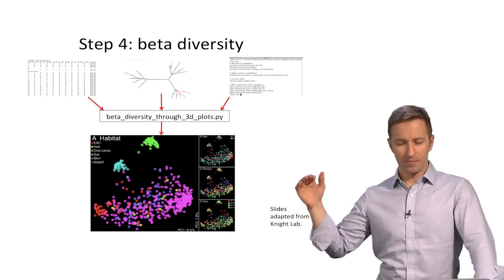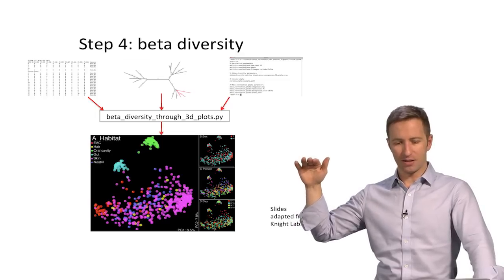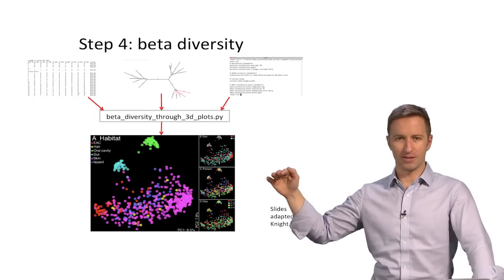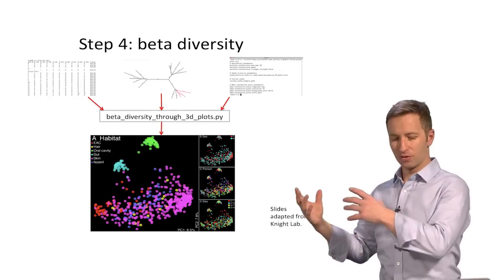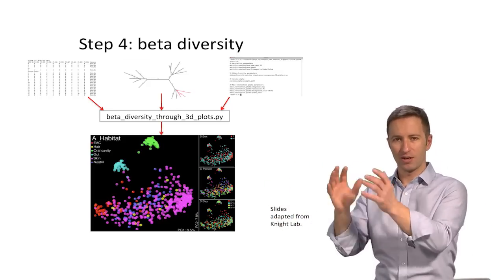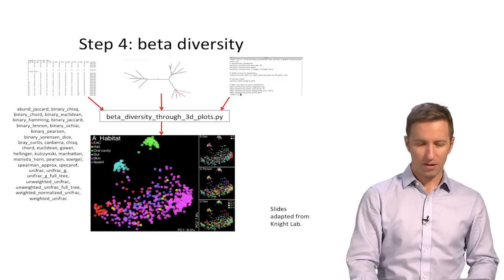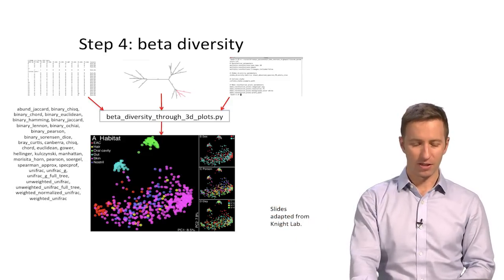There are several different commands for this. The most common way you would use this is through the core diversity script. And then this produces these nice plots. It actually gives you a web page where you can rotate them around. Here's a list of all of the various diversity metrics that are in Qiime.